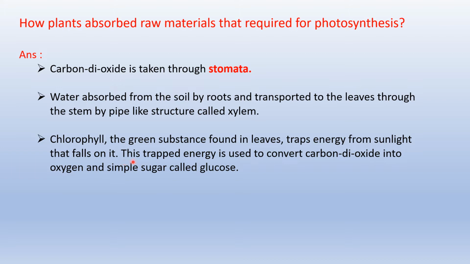This trapped energy is used to convert carbon dioxide into oxygen and simple sugar, glucose. Why do plants need solar energy? To produce food. So basically the energy comes from the sunlight, which is absorbed through the chlorophyll, the green pigment present in the leaves.